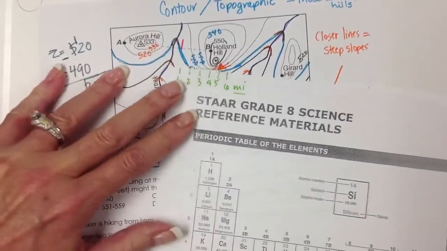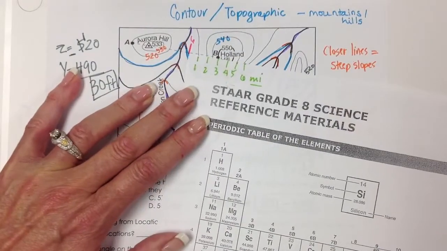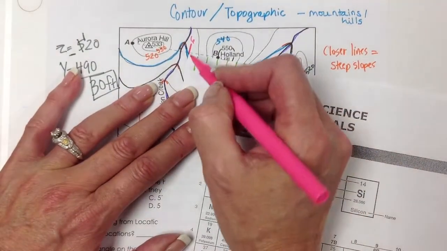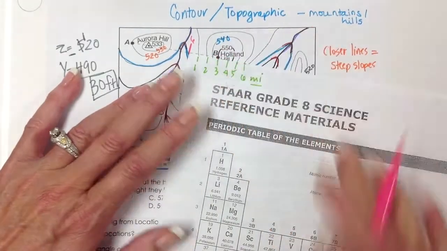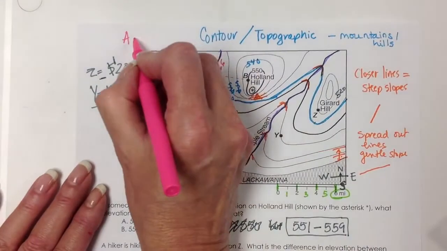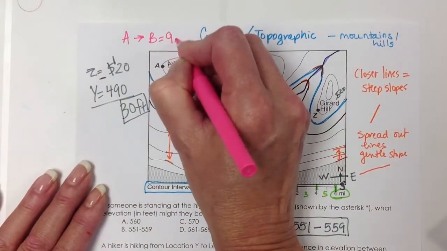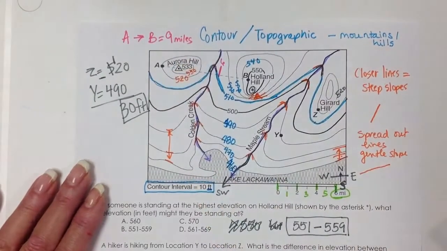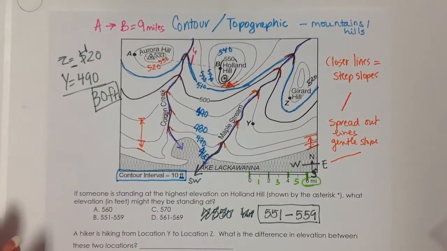I'm going to start with 0 again, so this is 6 already. Add this to it, 7, 8, 9, so the total from A to B was equal to 9 miles in distance. Okay? Do you see how we use that?